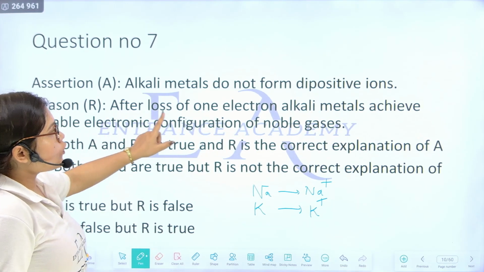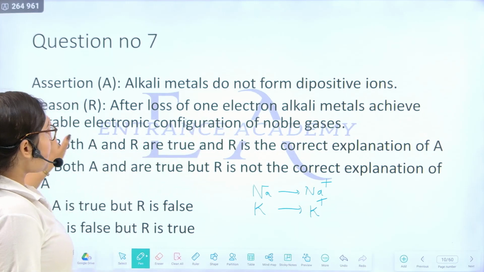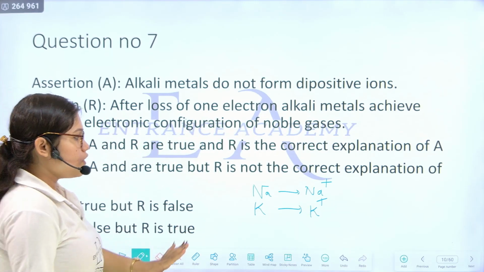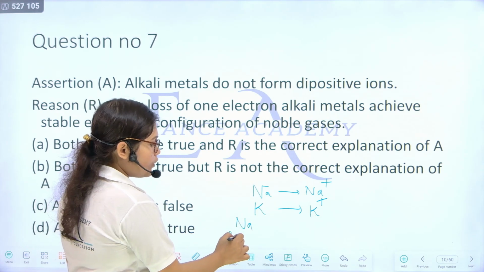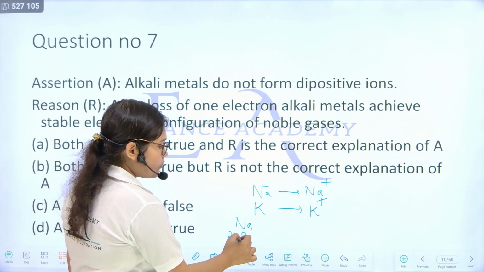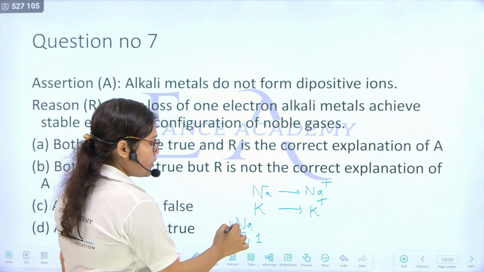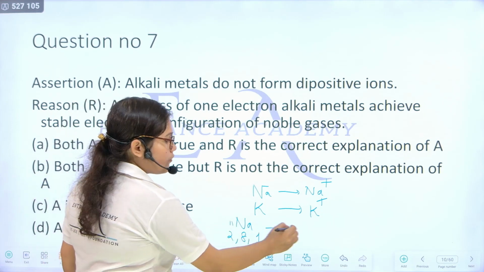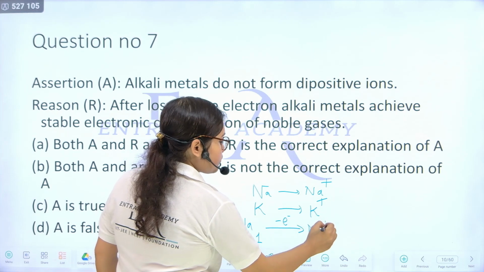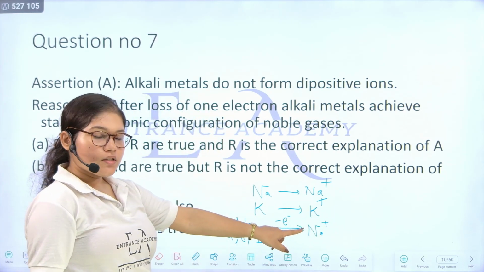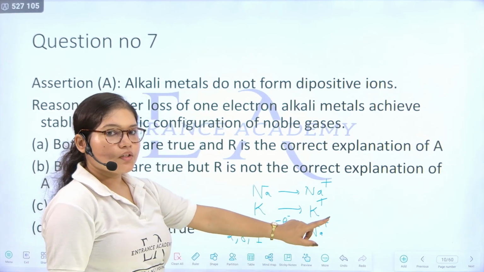Reason: after loss of 1 electron, alkali metals achieve the stable electronic configuration of a noble gas. The atomic number of sodium is 11. The configuration is 2, 8, 1. So after losing 1 electron, Na plus is formed, which has the stable electronic configuration like a noble gas.